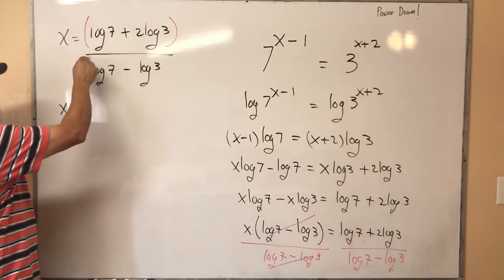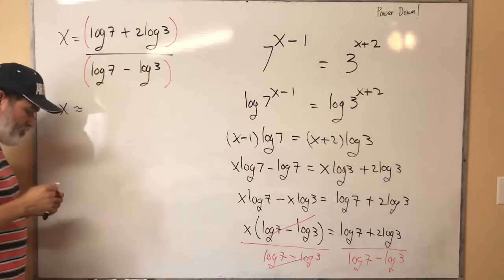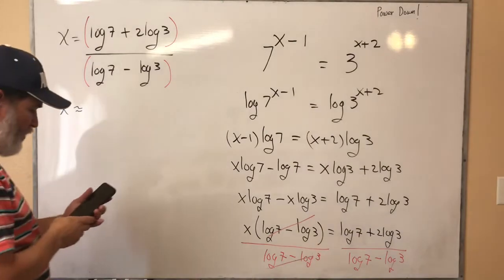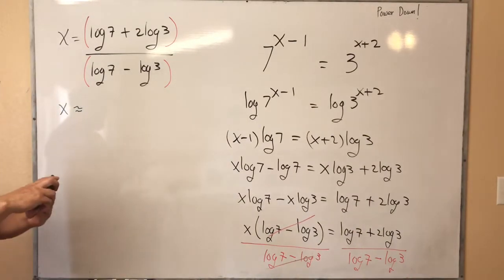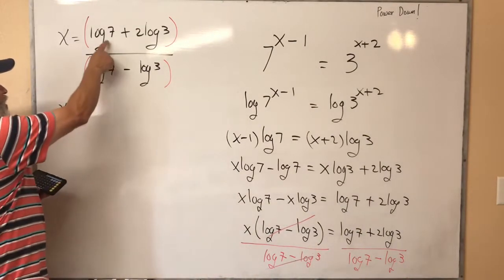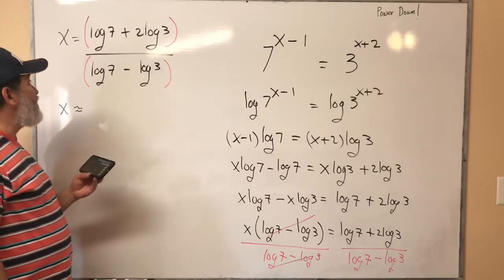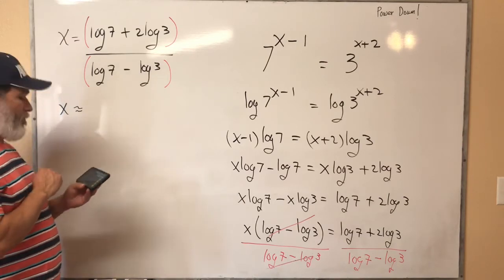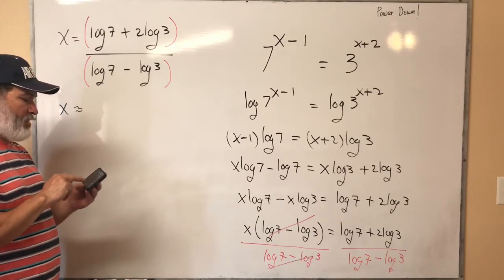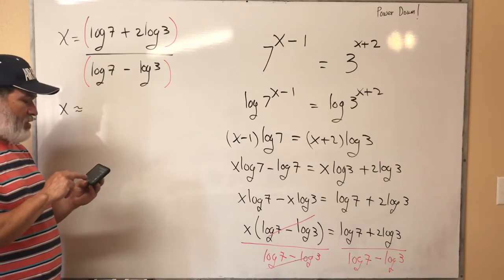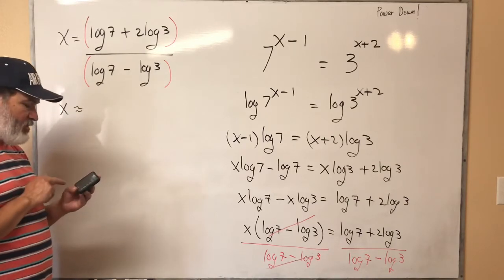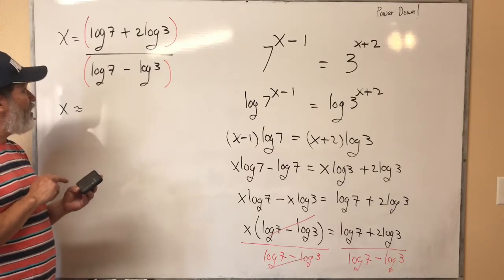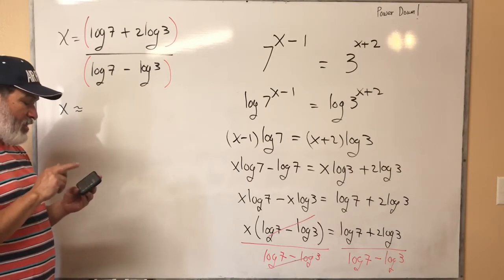Okay, I may have to use parentheses here. So here's what I'm gonna do. Turn it on first. I'm gonna say log base 10 of 7, the log, plus, let's see if this works, 2 times... I don't know if it's going to work.